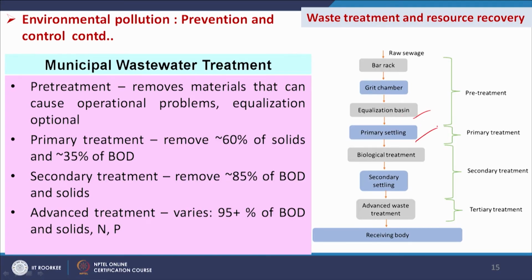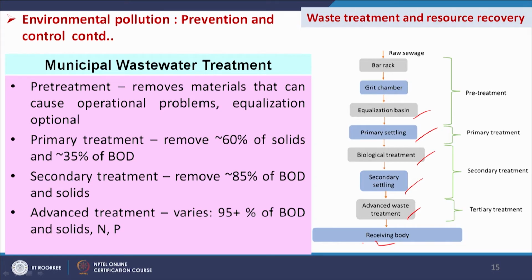And then we come to treatment. For wastewater treatment, there are primary, secondary and tertiary treatment methods, through which we can reduce different types of pollutants present in the wastewater. As an example, here are the bar rack, grit chamber, equalization tank, primary settling, biological treatment, secondary settling, advanced treatment, and ultimately the receiving water body; the treated water we can use for other applications.